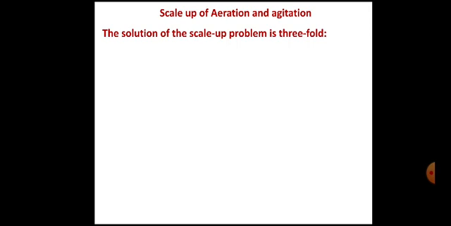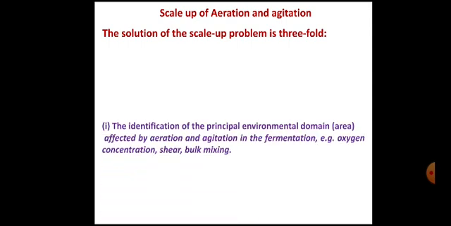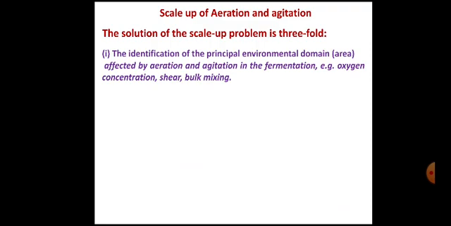The solution to the scale up problem is threefold. It can be obtained in three stages. First one is the identification of principal environmental domain, that is the environmental parameter or the environmental area affected by aeration and agitation in the fermentation.